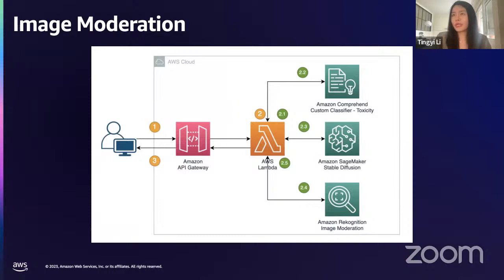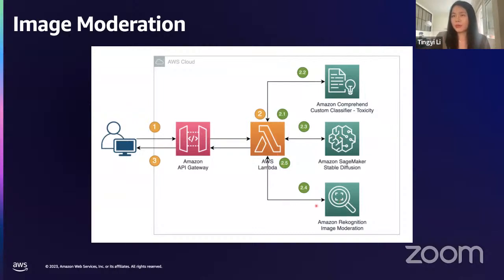It's a built-in classifier that you can use to classify your inputs into toxic or non-toxic, or multiple classes. And then it will get it back and say, is it toxic? At the same time, it will call Stable Diffusion, so you will still get the image back, no matter whether it's toxic or not.